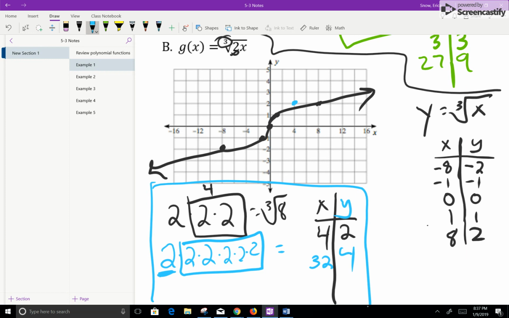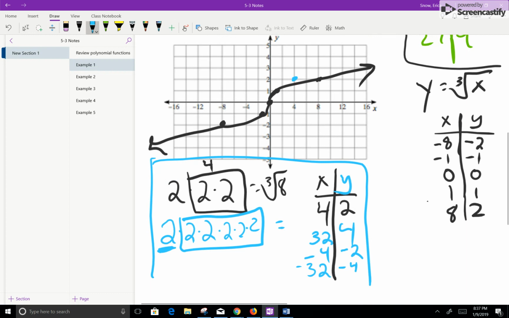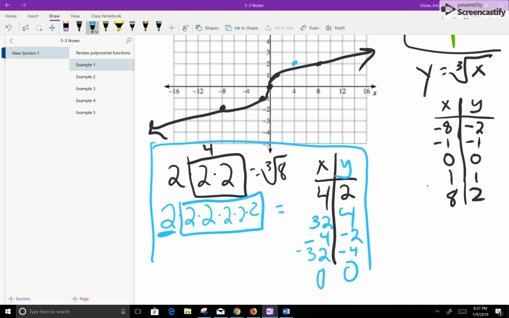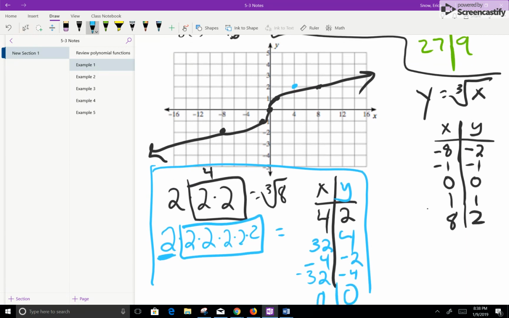And if we decided that x was -4, our y is going to be -2. And if our x is -32, then our y is -4. And of course, 0 and 0 should all be on there. So 4 and 2. 32 is not anywhere on our graph. We're just going to assume that it's way over here, but it's at 4.